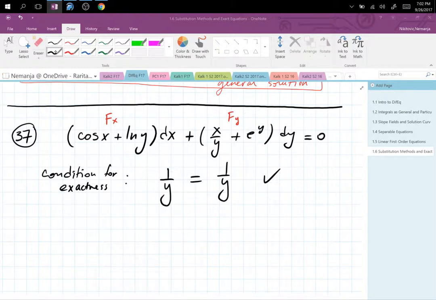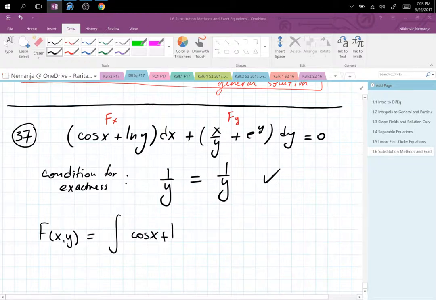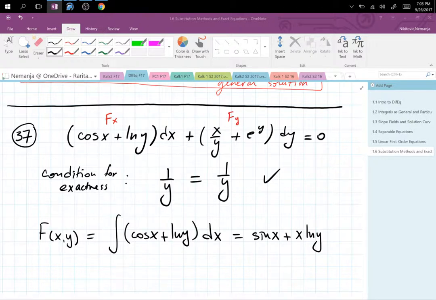Okay. So we are going to start looking for our solution by integrating cosine x plus ln y dx. When I integrate this, the integral of cosine is positive sine plus x ln y, because ln y is just a number in the eyes of x, so it acts as a constant, and when you integrate you just pick up x.